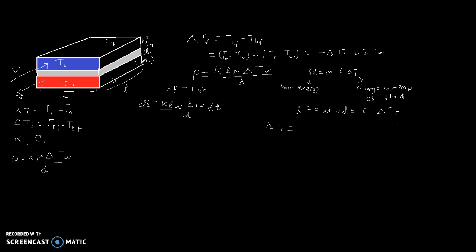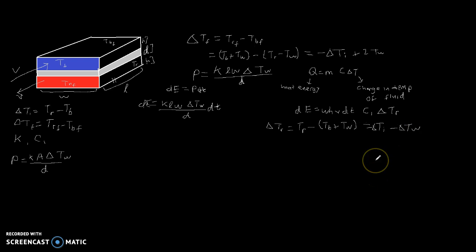And I believe we already found what TR final is up here. So we can write delta TR as TR minus TB plus TW. And what is TR minus TB? Oh, it's delta TI over here. So that's delta TI minus delta TW.